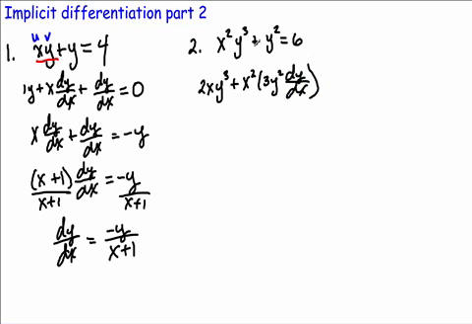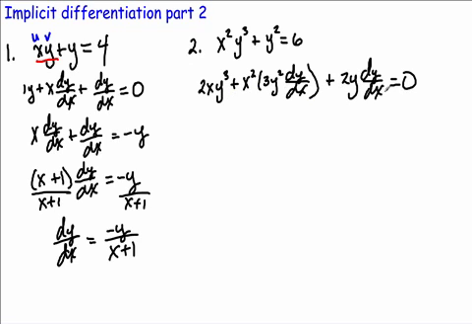Okay? And of course then we take the derivative of the rest of the problem, and that equals 0. Okay. Now once again, remember the dy dx comes from the chain rule. So really all this is an extension of using the chain rule.